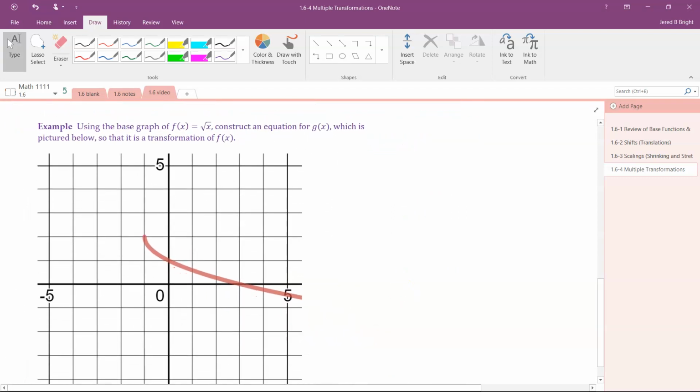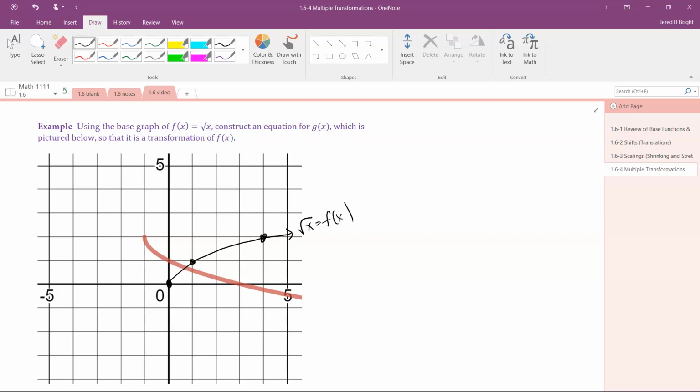Okay, so we know the base graph is the square root graph. So we have this, and this. So here is the square root of x graph. So we have a transformation that is being shown in red.